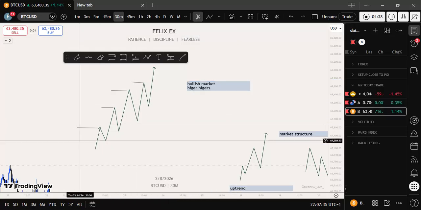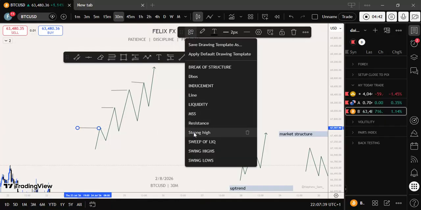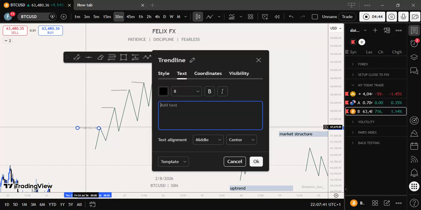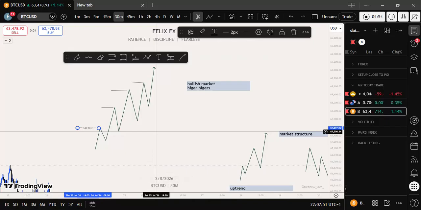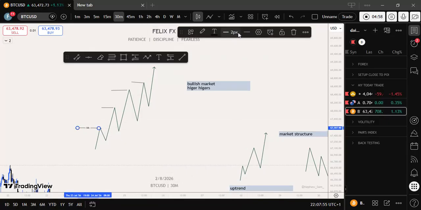For the bullish markets, here you call it higher high. In short form, you can write HH. HH means higher high.